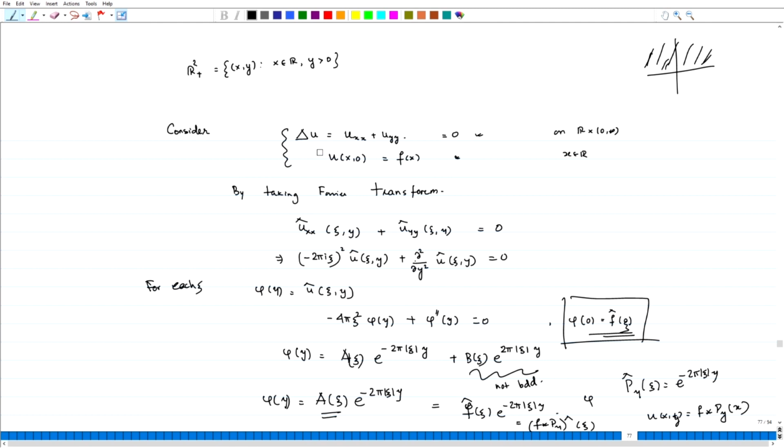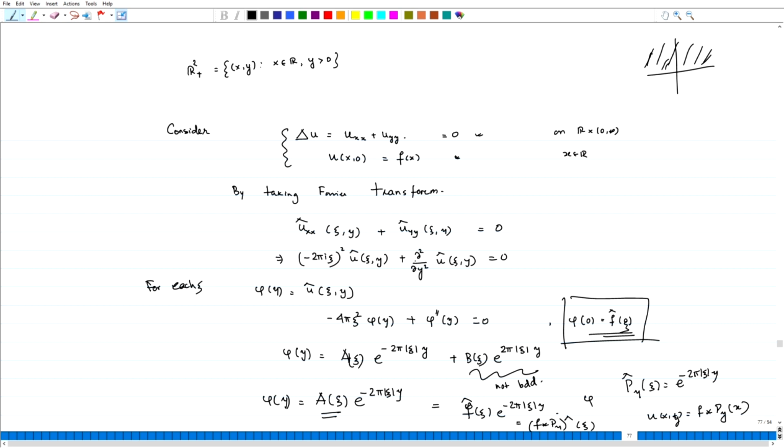Welcome back. In the last lecture, we were discussing the steady state heat equation, or in other words the Laplace equation, Delta u, the Laplacian of u, which is defined to be u_xx plus u_yy.